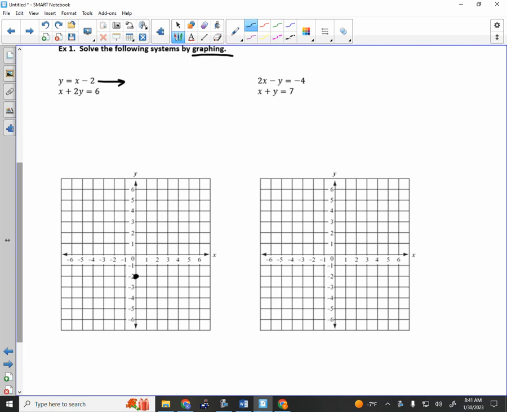And then the slope is 1. So I rise 1 and run 1. And I get that.